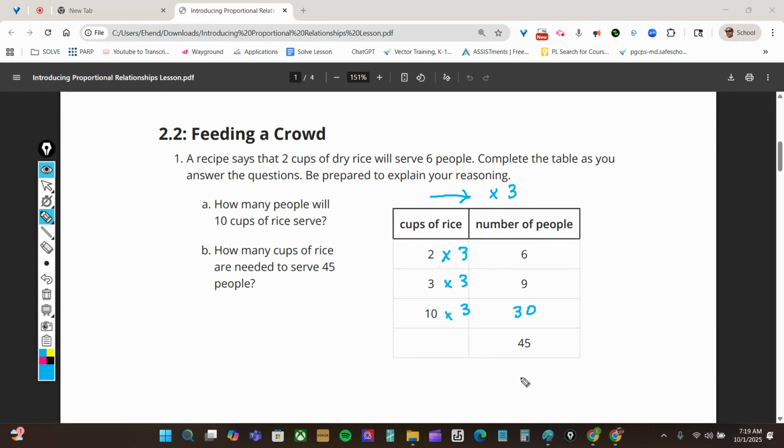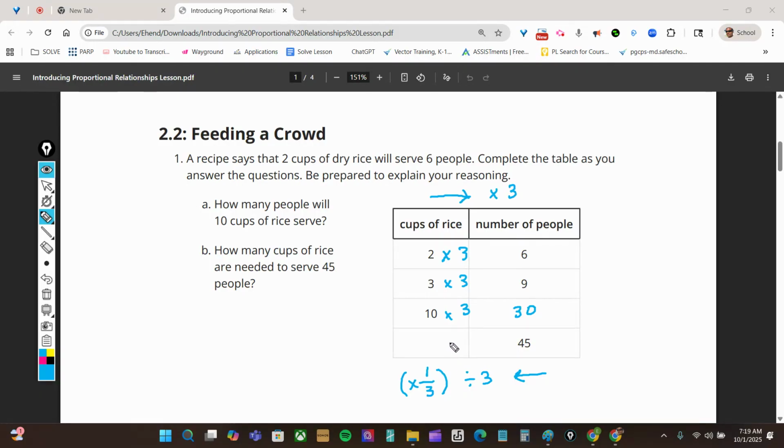But when we're going the opposite way, we're going to divide by 3, which is the same thing as times the reciprocal. Dividing by 3 is the same thing as multiplying times 1/3.